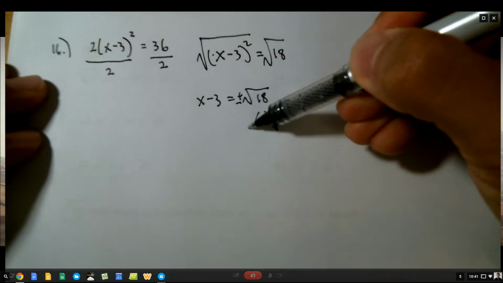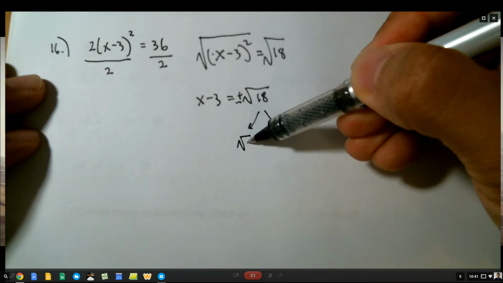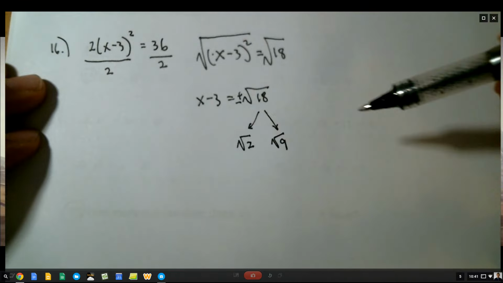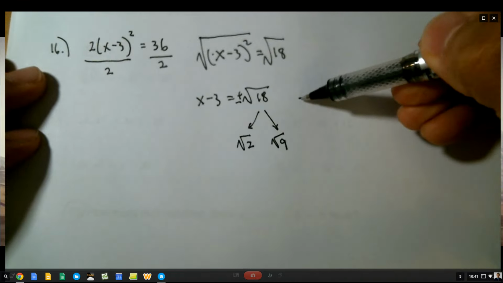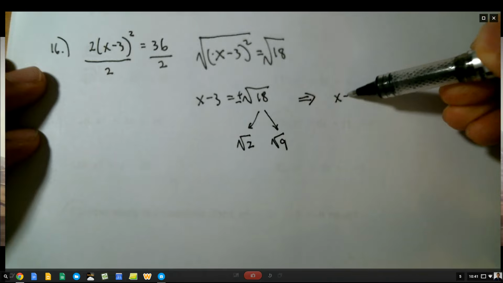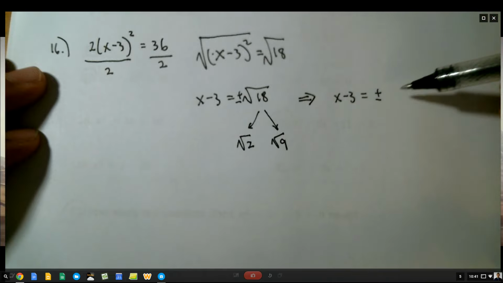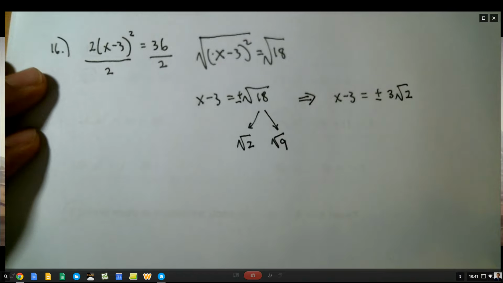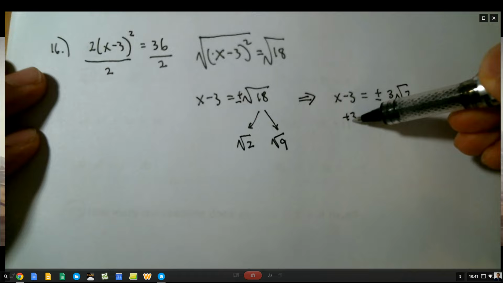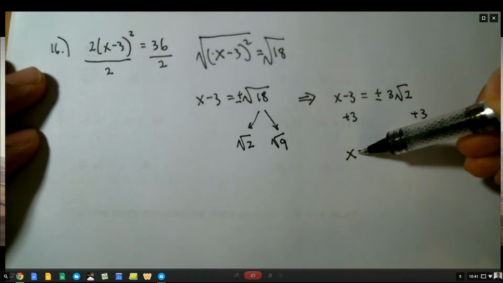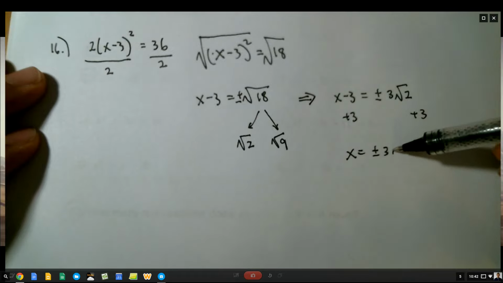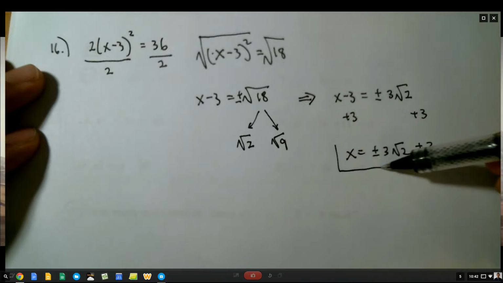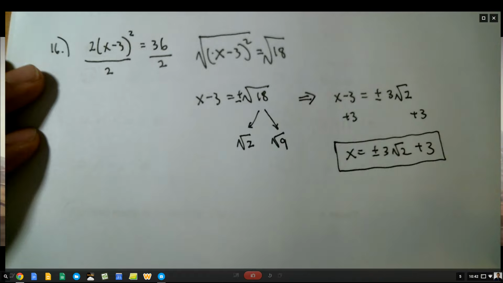You can think of it as the square root of 2 times the square root of 9, which gives you 3 square root of 2. So this can be rewritten as x minus 3 equals plus or minus 3 square root of 2. Now let's add 3 on both sides. x equals 3 plus or minus 3 square root of 2, and that would be my value for x.